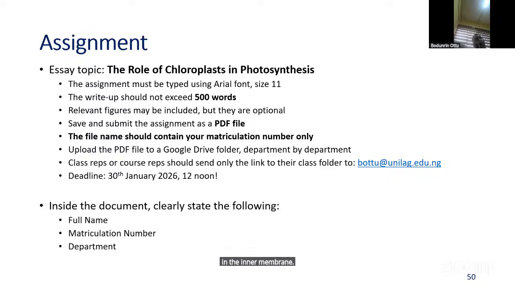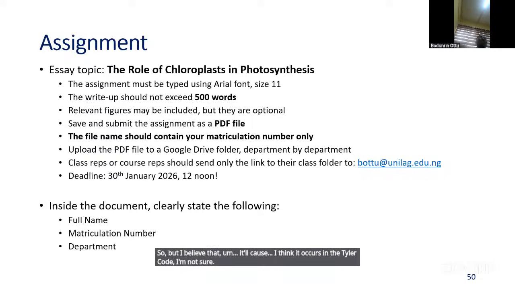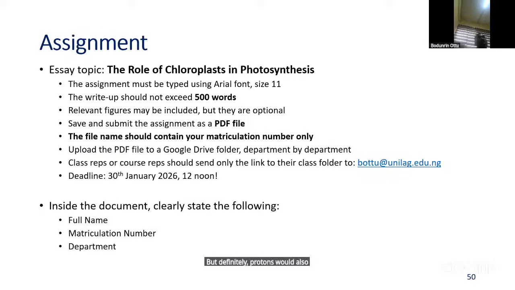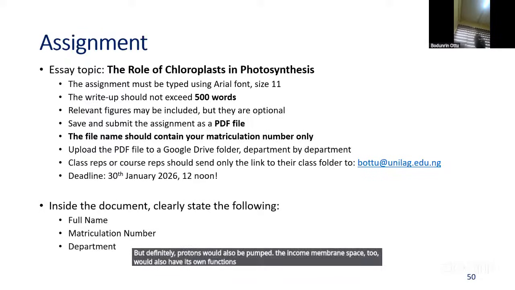I think it occurs in the thylakoid, I'm not sure.